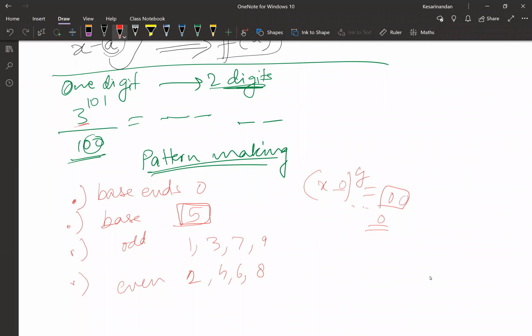Yes, 525. I'm asking about the last two digits, not the last digit. 25. So that is just one scenario, or will I get some more scenarios also? Think guys, think.